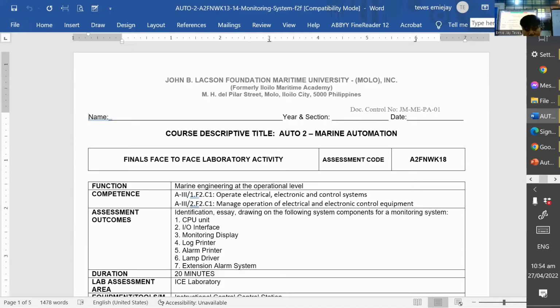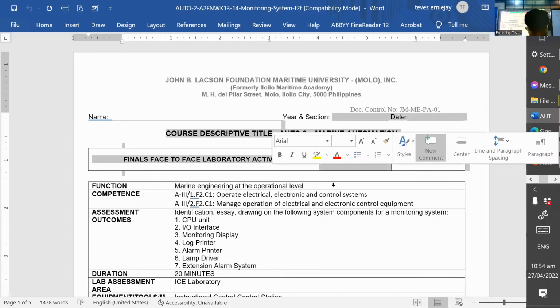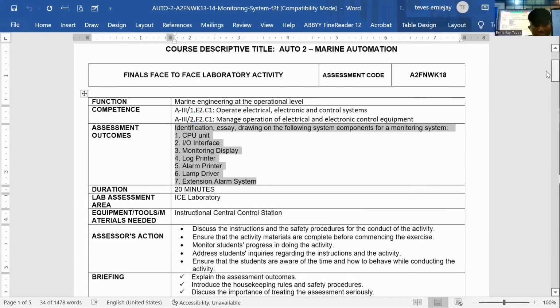Okay class, so I will discuss the activity that we're going to work on. This is the laboratory activity form that we're going to fill up, and it contains some items that we're going to do for your activity. This includes the items we're going to point out, such as CPU unit, I/O interface, monitoring display, log printer, alarm printer, lamp driver, extension, alarm system.